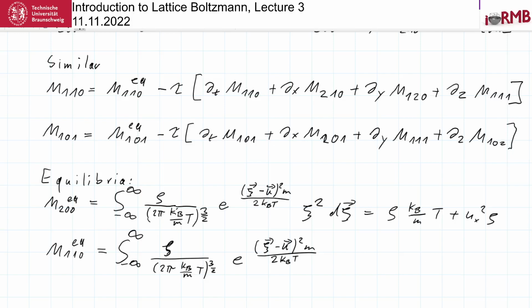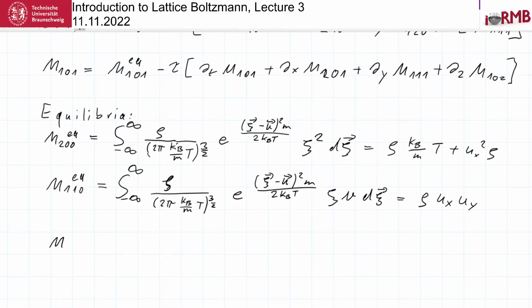Now this has to be integrated because it's in 1 and 1, so we go over xi and over epsilon, and we integrate this over all 3 velocity directions. And now what comes out is the particle density times ux times uy. And similarly, okay, I'm going to write it down anyway.